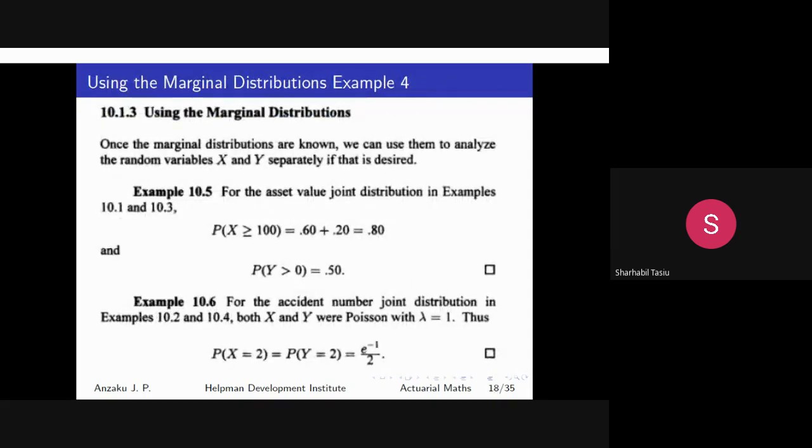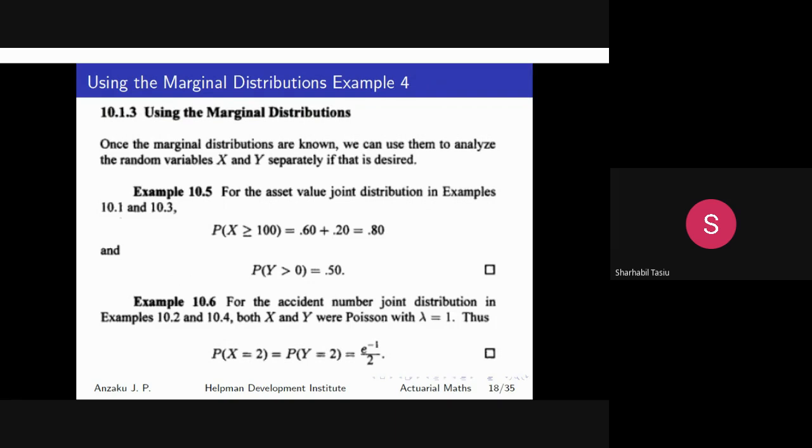All right, so how do we use the marginal distribution? We want to look at it from the actuarial point of view, and we'll see some examples to make more sense of what we are doing in actuarial maths.